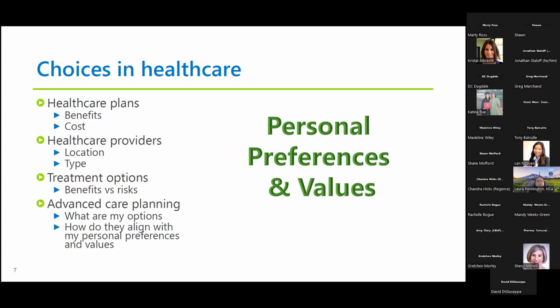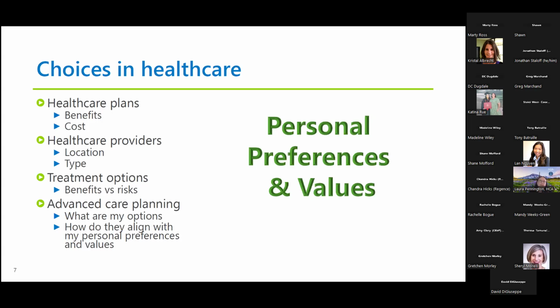However, at the end of the day, the decisions that we make are driven by similar things. When you're selecting healthcare, for health plans, you think about what the benefits are. What's the cost going to be to me? When you're looking for a provider, location is important, and the type of provider is important as well. Same thing with treatment options. What are the benefits versus the risks?